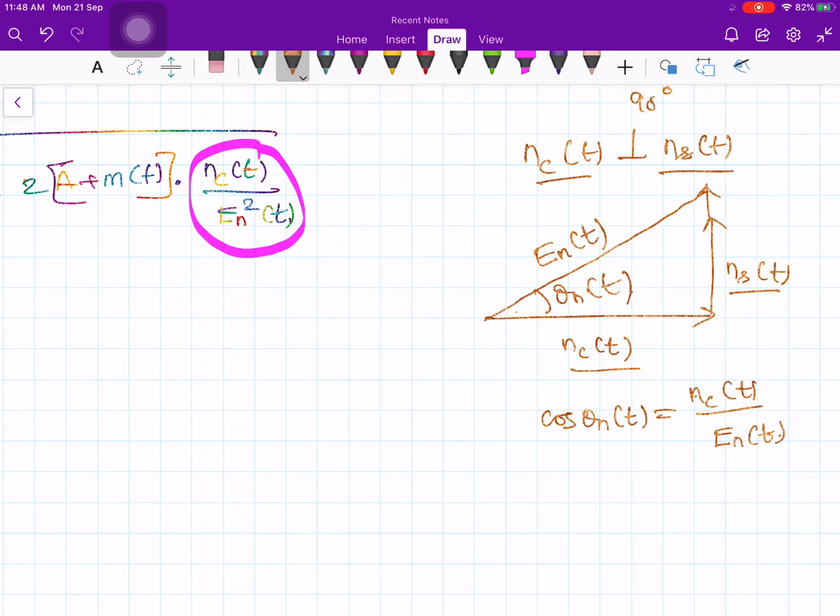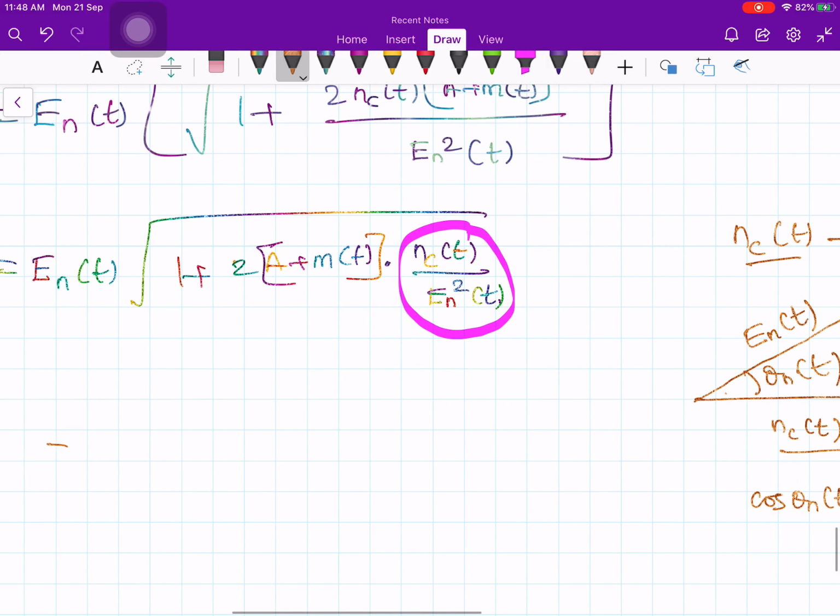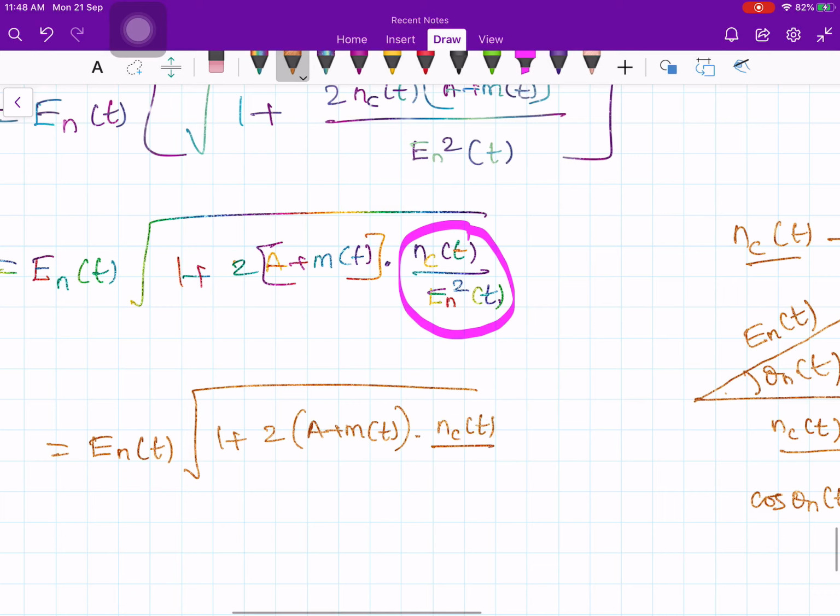Therefore this expression becomes En of t square root of 1 plus 2 times (a plus m of t) times nc of t divided by En of t times 1 by En of t.